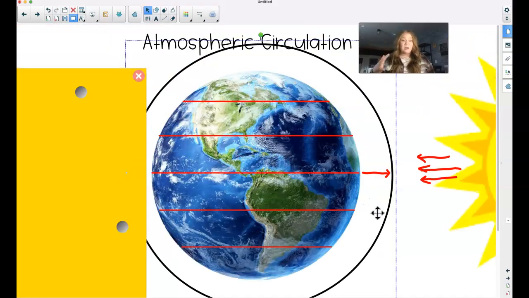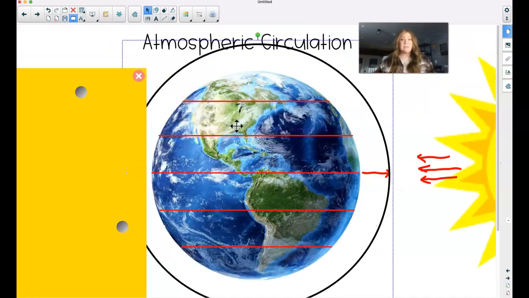It's kind of blocked by things in the atmosphere. So what it does is it starts to travel out this way, in both directions. It hits the top of the atmosphere and starts going this way, and as it's doing that, it's starting to cool down.